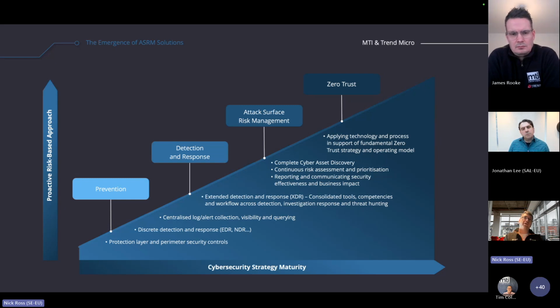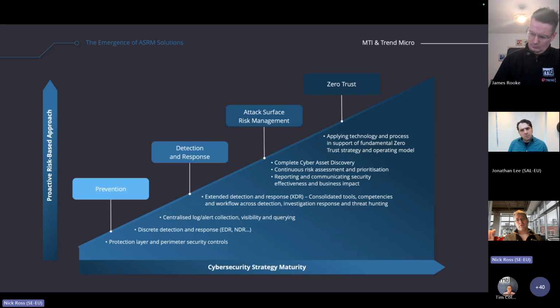And then over the last couple of years, a lot of customers have invested in tools like EDR and XDR, so the ability to actually then respond to and mitigate threats quickly when they happen. Really, attack surface risk management is the next step in that evolution towards a zero trust strategy, where we're getting onto the front foot, as I mentioned earlier on, and actually being able to be much more proactive about identifying and mitigating threats.